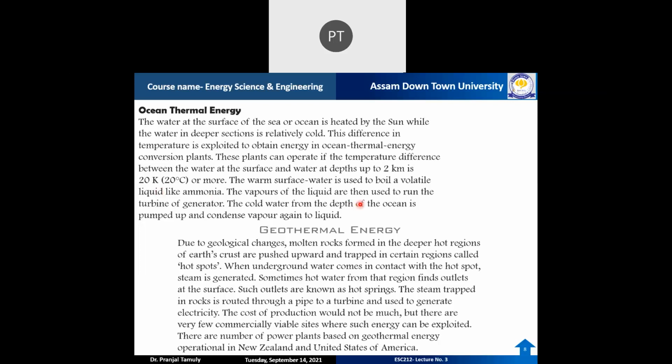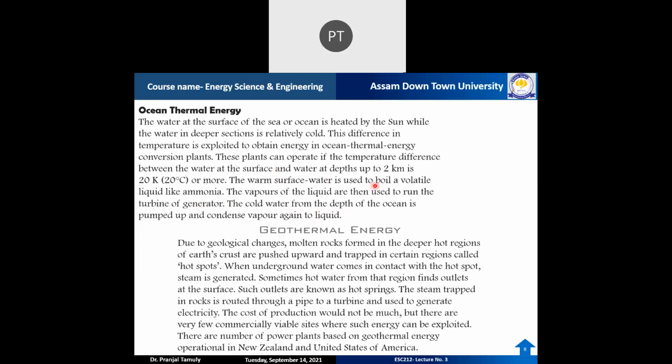The vapor of the liquid is then used to run the turbine of the generator. The cold water from the depth of the ocean is pumped up and condenses the vapor again to liquid. So we use the temperature difference of the ocean: at the top the temperature is high, at the bottom it is low. We use the hot water to produce vapor and the cold water to cool this vapor.